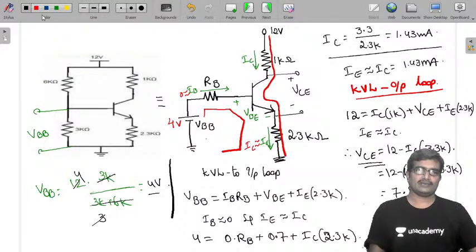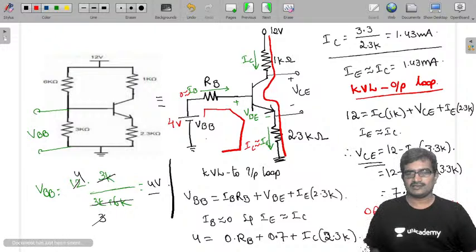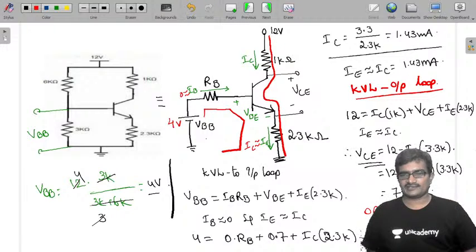So therefore the operating point, VCE comma IC, is 7.28 volts comma 1.43 milliamperes.